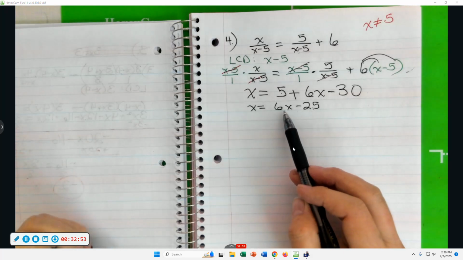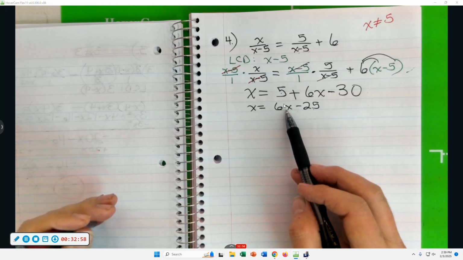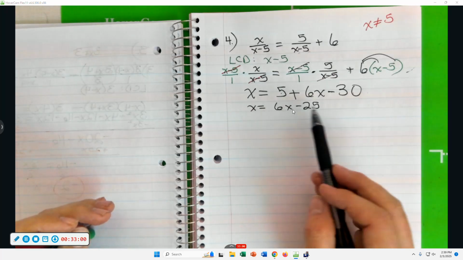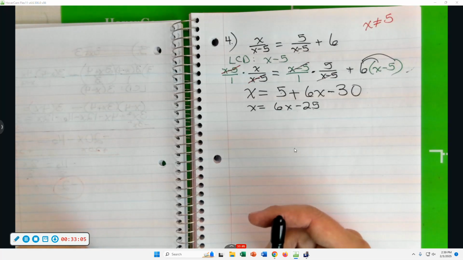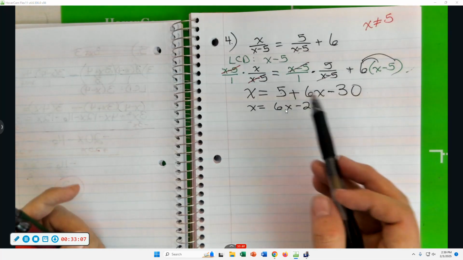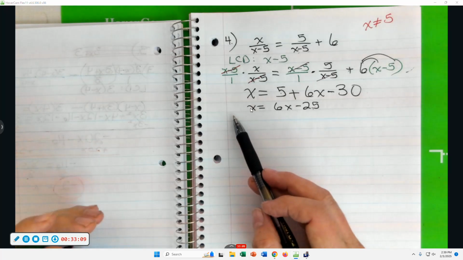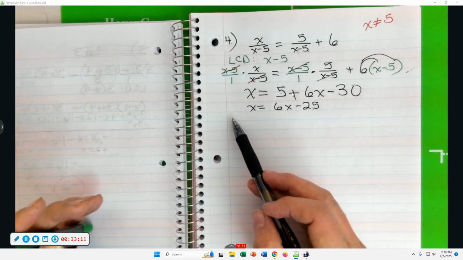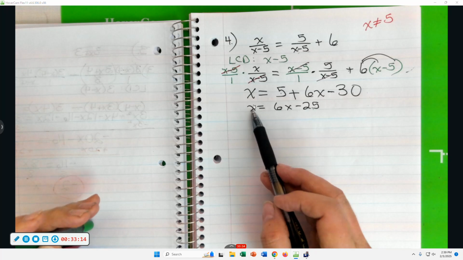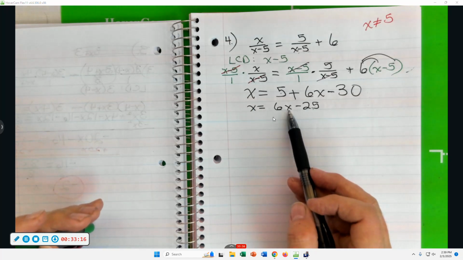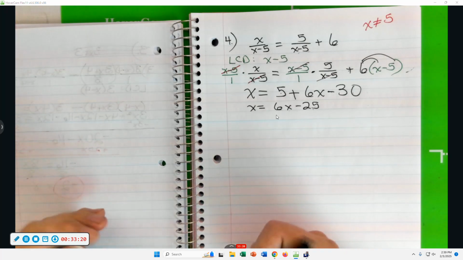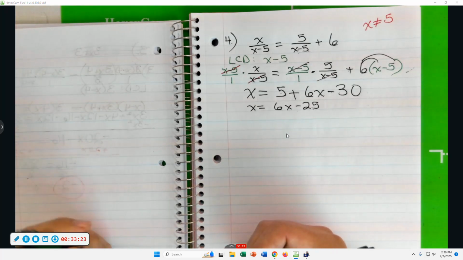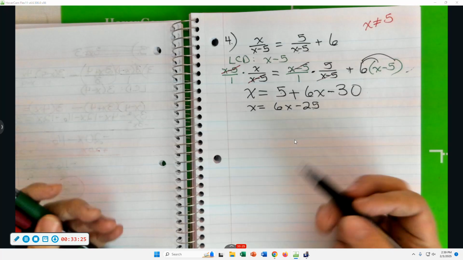What do y'all think I'll do with this 6x? I guess maybe you'd want to move the x over and move that negative 25 over. Why would you want to do that? If I move that minus 25 over, it would become a positive. If I move that x over, that positive 1x would become a negative. So at least it gets rid of the negative signs. Did y'all follow that?